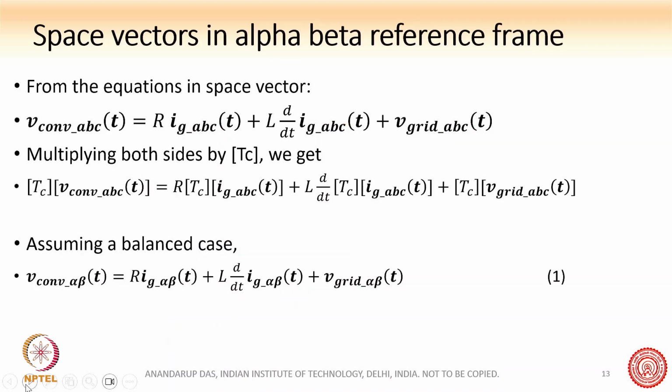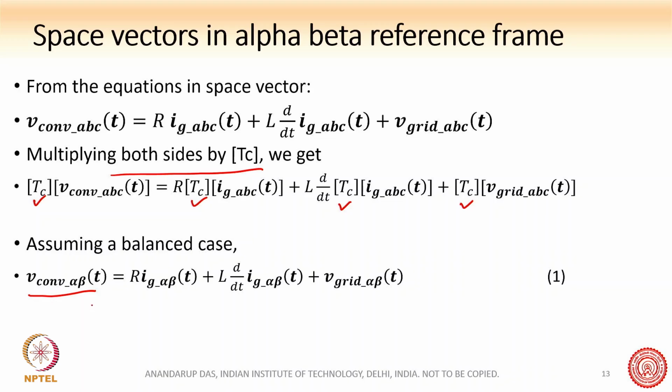Now if I multiply both sides with TC, where TC is the Clark's transformation matrix, you can see I have done this multiplication. If I assume that this system is balanced, then we can write the converter voltage space vector in the alpha beta domain, where the alpha axis is coinciding with the A axis.